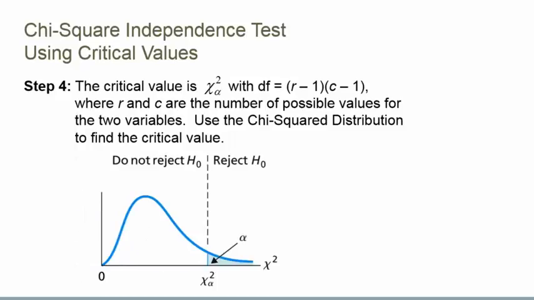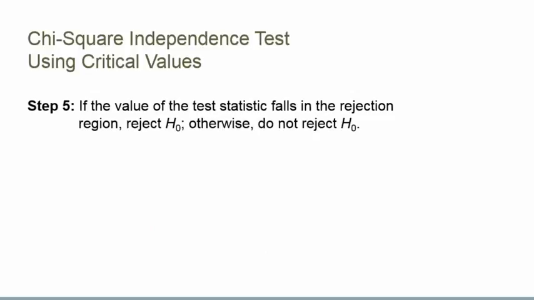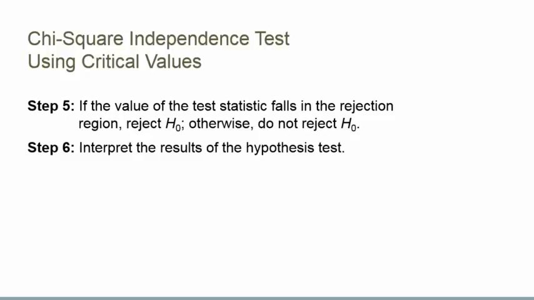The area to the right of the critical value chi-squared sub alpha is labeled alpha, and that is reject H sub 0. To the left of chi-squared sub alpha is do not reject H sub 0. Step 5. If the value of the test statistic falls in the rejection region, reject H sub 0. Otherwise, do not reject H sub 0. Step 6. Interpret the results of the hypothesis test.